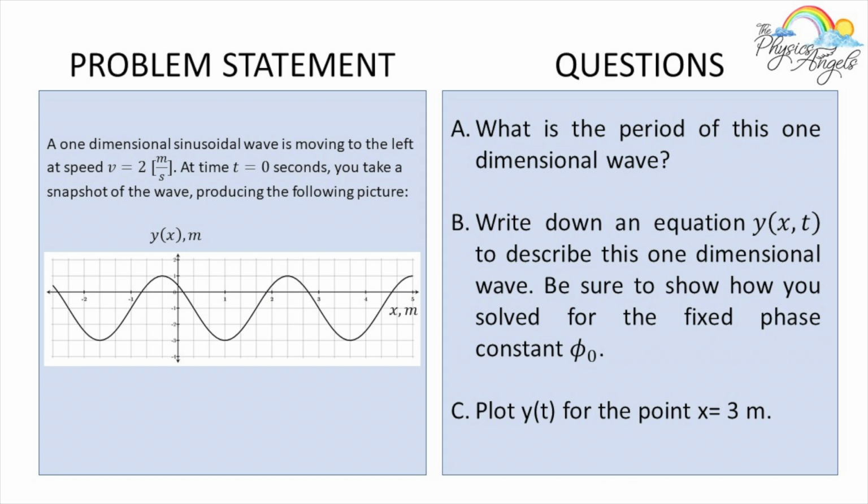At time t equals 0, you take a snapshot of the wave, and you get the following picture. I'm going to show you a big image of the picture, so don't worry about it. What is the period of this one-dimensional wave? Write down an equation to describe this one-dimensional wave, and then we actually have to make another plot.